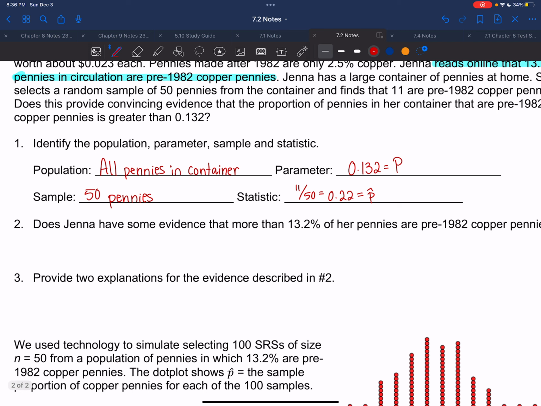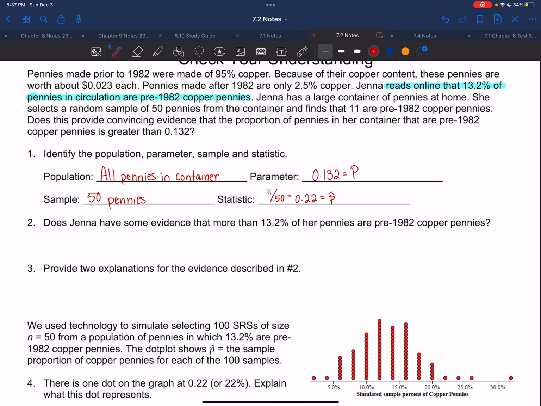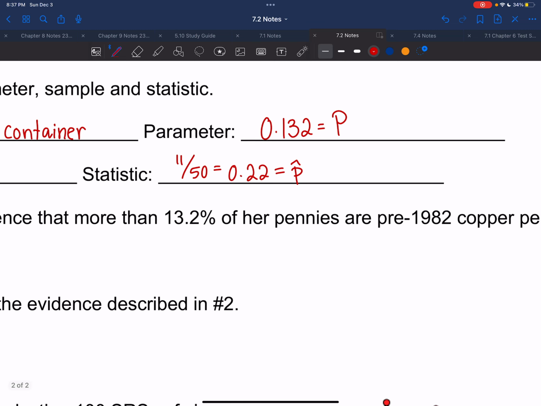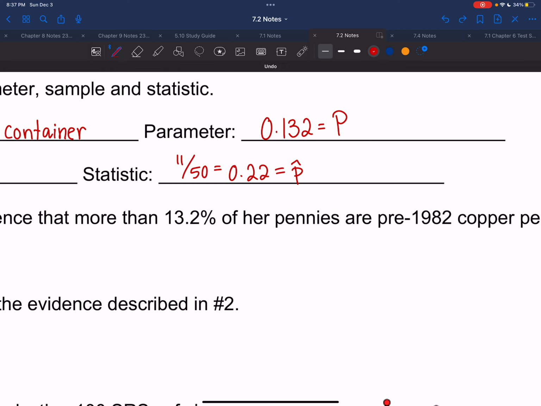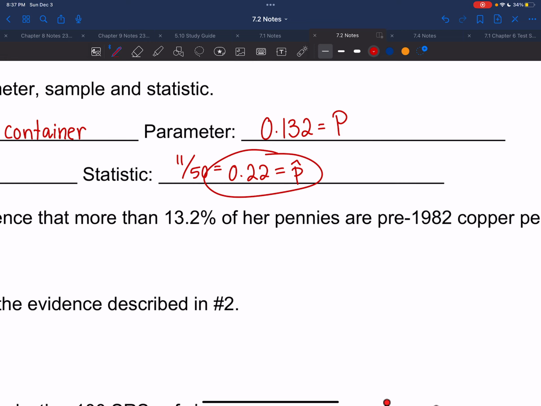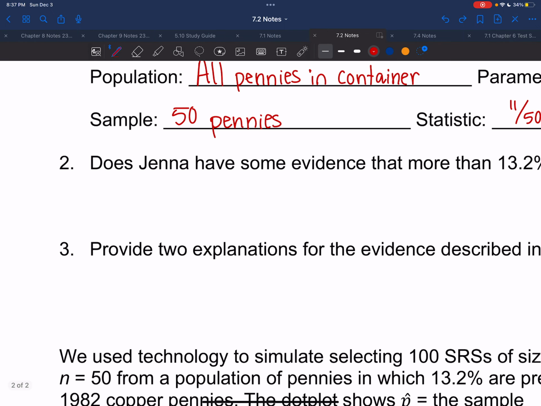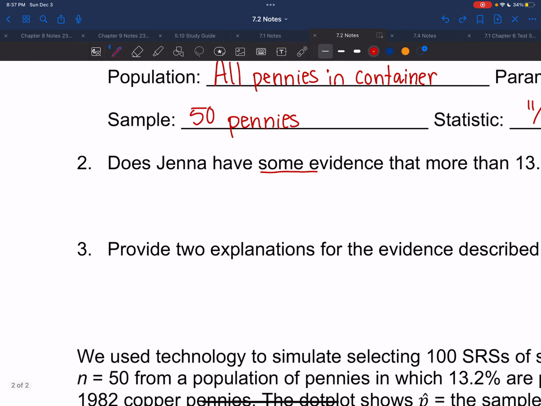Okay. Now it says, does Jenna have some evidence that more than 13.2% of her pennies are pre-1982 copper? Well, if we look, we assume 13.2% are pre-1982, but in her sample, she got 22%. That's bigger than 13.2, right? So we do have evidence to suggest. We don't have convincing evidence yet, but we do have some evidence.